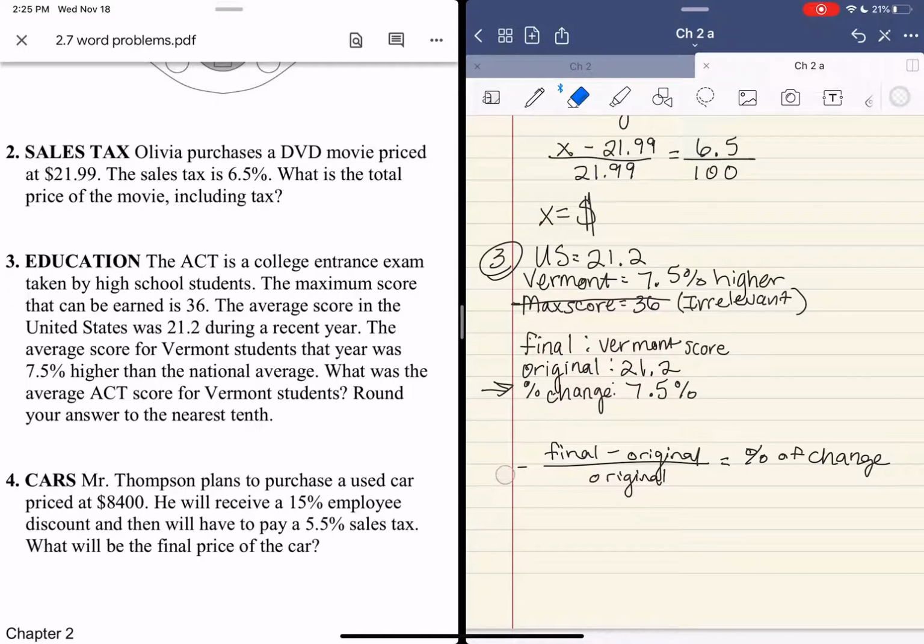I want to specify that's not a negative or anything. That's just a little dash. So plug it in. Your Vermont score, you can call it X or you can call it V. You're just going to have some variable, okay? Some variable for the final. Plug in the original and the percent of change and solve. All right? Sounds good.